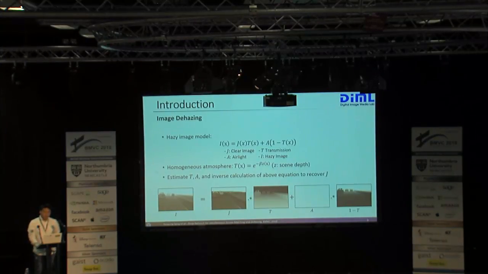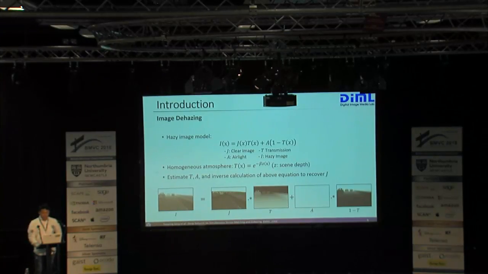Therefore, image dehazing has also been a popular research area in computer vision. A hazy image is modeled as the following equation. It can be interpreted as a weighted summation of clear image and air light with the transmission as the weight. Assuming homogeneous atmosphere, transmission can be expressed as an exponentially decaying function of depth.